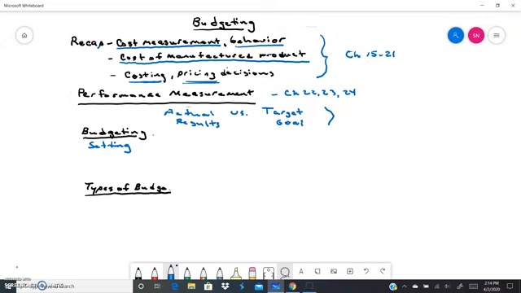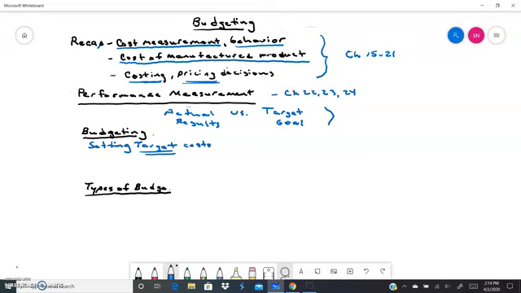And now budgeting is going to allow us to set our target costs or set our goals so that we can measure those actual costs against those. So this is where we're setting the target. Just like you would make a budget in your personal life, these are going to be budgets that we're going to measure actual results against.